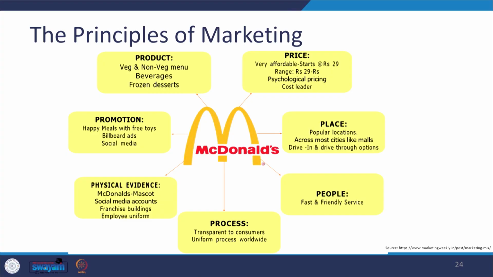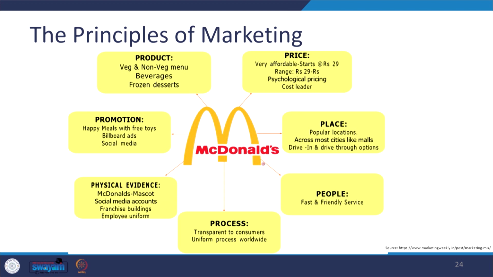Going ahead, just look at this example where the McDonald's brand is chosen, and this is how the 7 P's work together to take this brand to the customer. For product, we have the veg, non-veg menu, beverages, frozen desserts. So, there is a different range of products offered by McDonald's. Prices are fixed, they have some combinations, some discounts and everything.